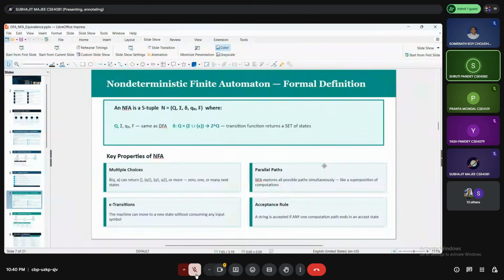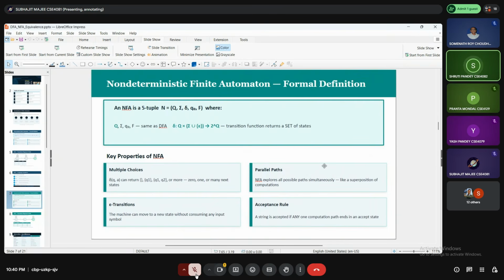Non-deterministic finite automaton formal definition. An NFA is a 5-tuple N = (Q, Sigma, delta, q0, F), where Q, Sigma, q0, F are the same as in a DFA. Key properties of an NFA are multiple choices: delta(q, a) can return q1, q2 or more, 0, 1 or many next states.